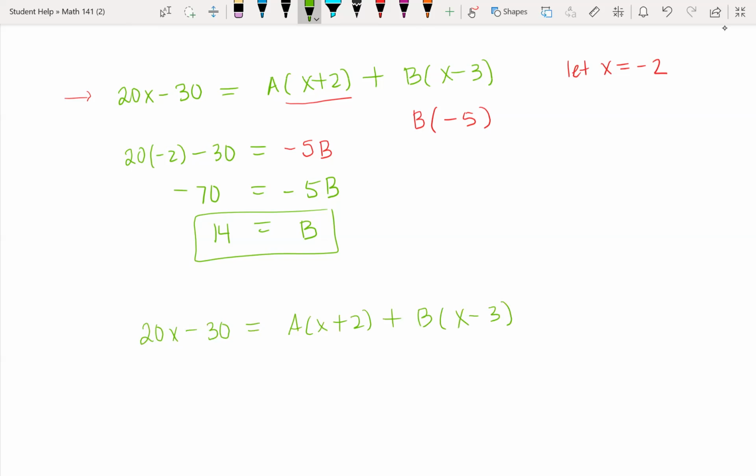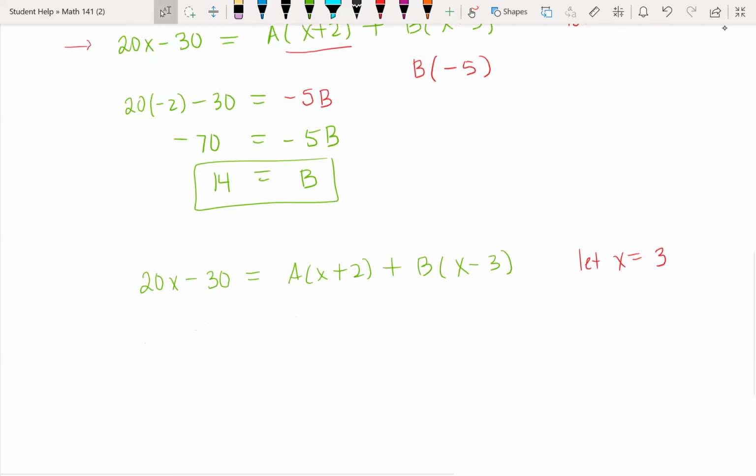So we already know that B is equal to 14, but I'll just show you this process again. This time, let's let x equal 3. So when we do that, this whole thing goes away, right? And here I have 5 times A. And over on the other side, I'm going to have 60 minus 30. So 30 is equal to 5A, or A is equal to 6.